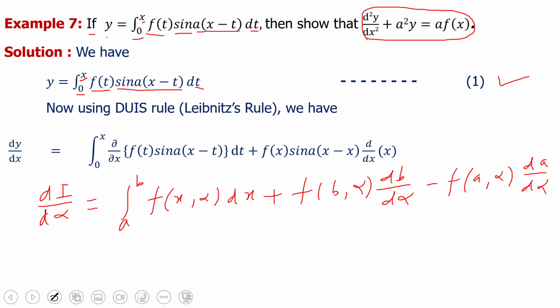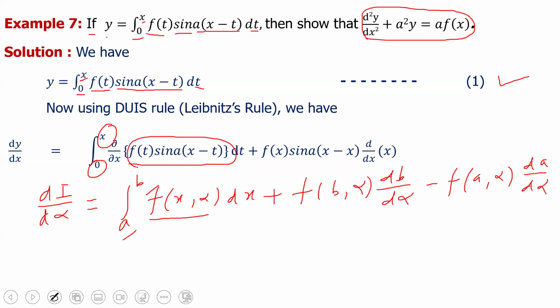Now here the lower limit is 0, upper limit is x, a to b, 0 to x. F of x alpha is f of t sin a into x minus t, right?